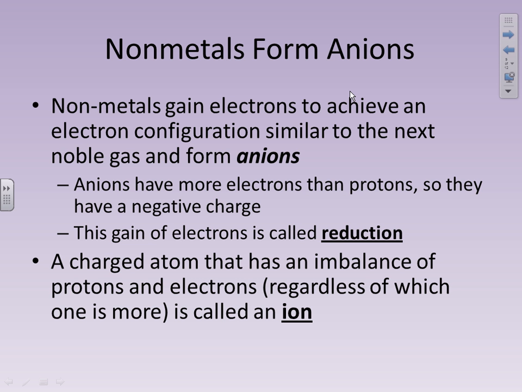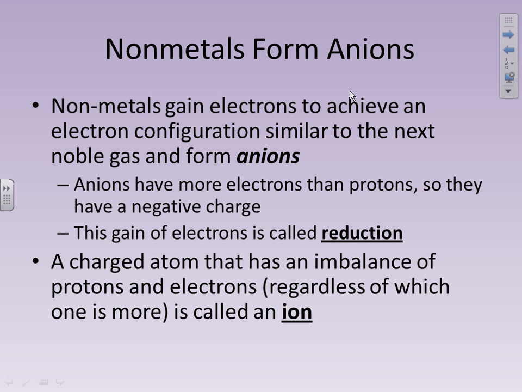In general, any atom that has a different number of protons and electrons is called an ion.